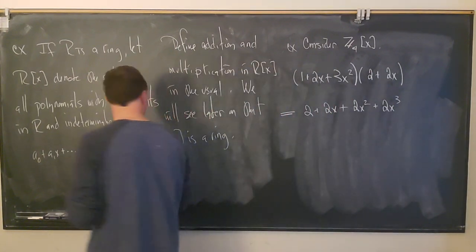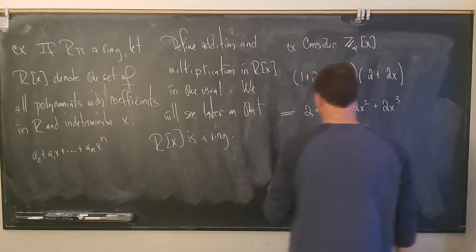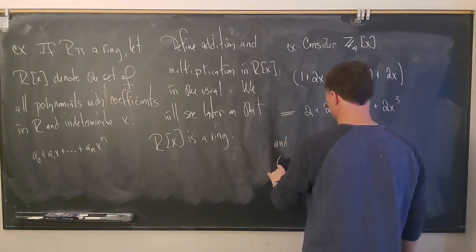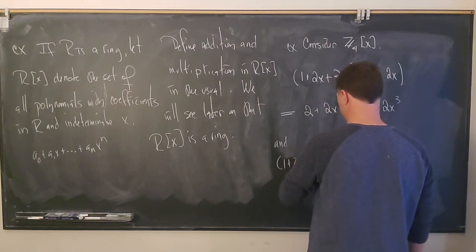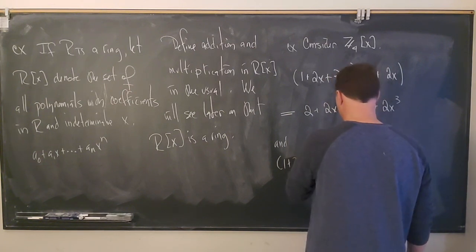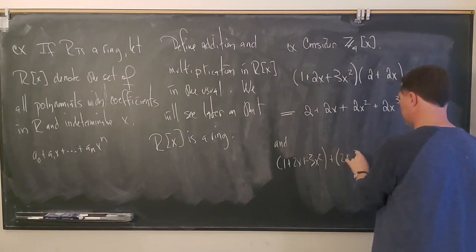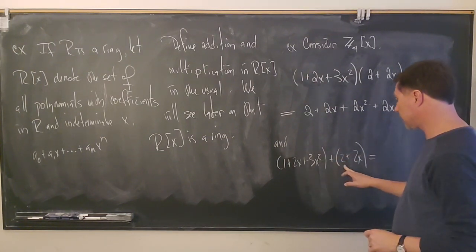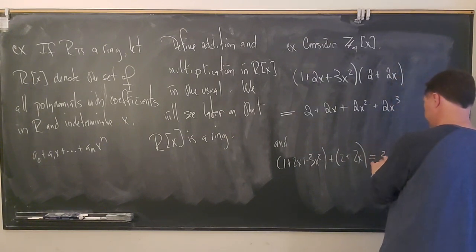Same thing with addition. If I do 1 plus 2x plus 3x squared plus 2 plus 2x, let's see what we get here. I'm going to have 1 plus 2, that's 3.